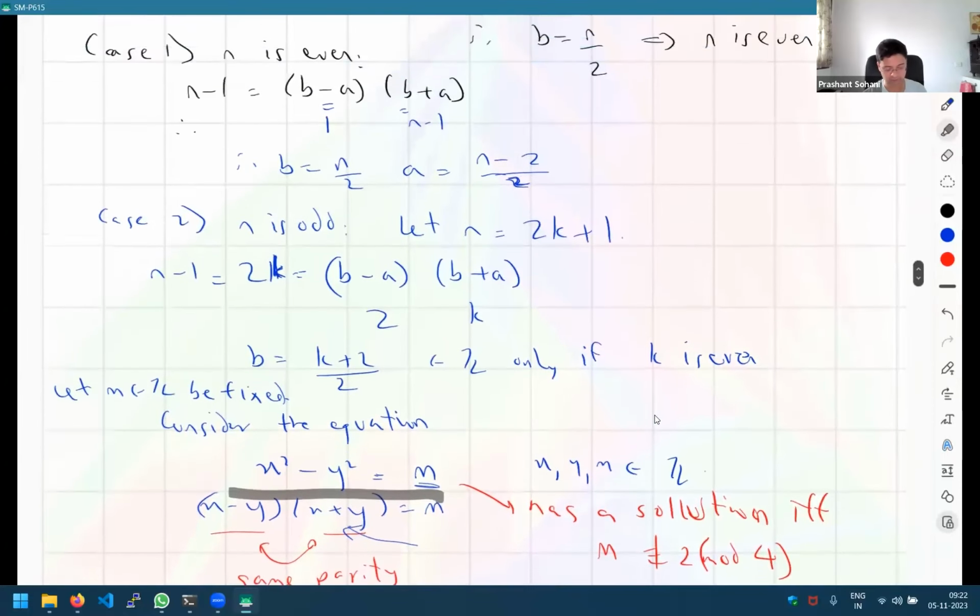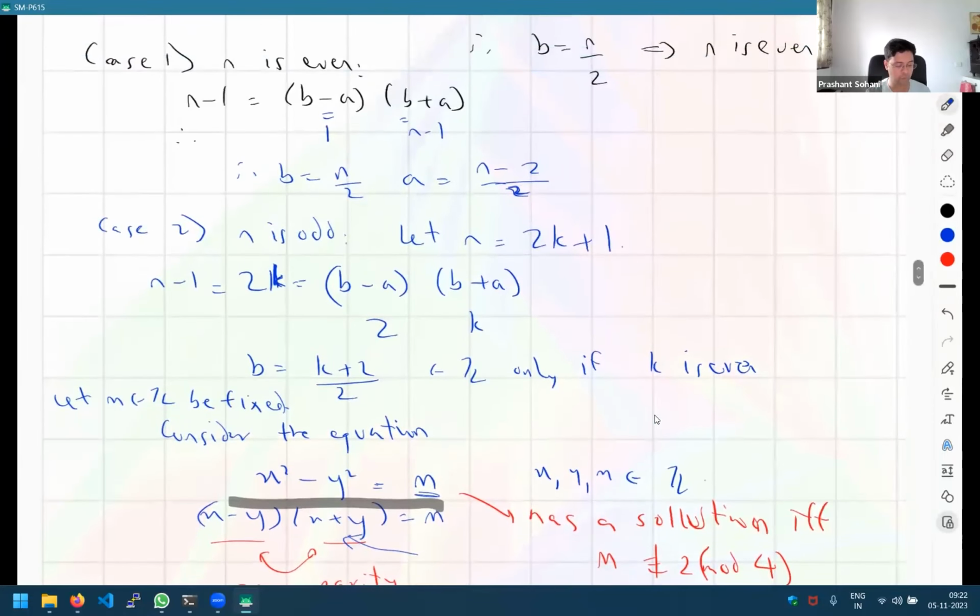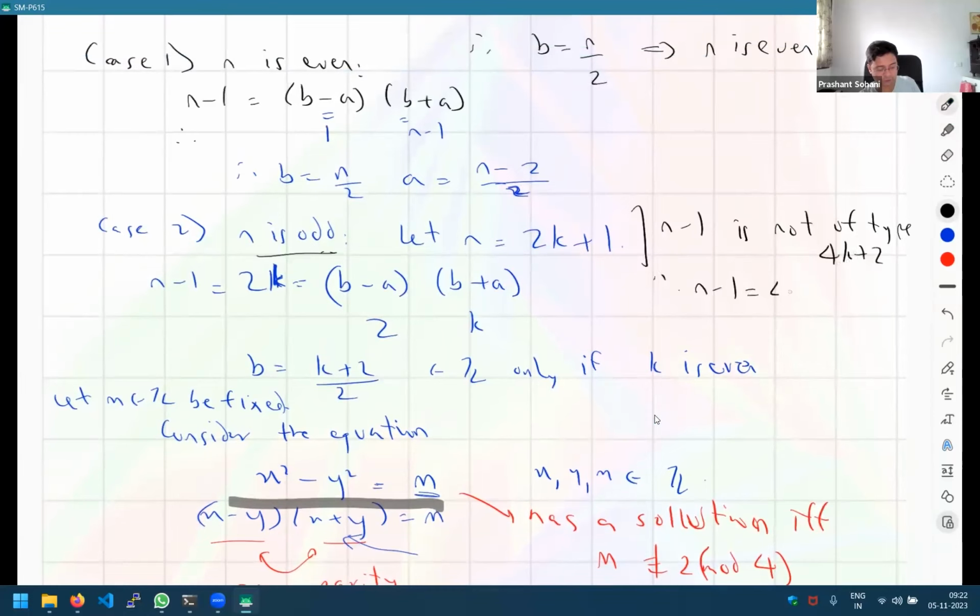Okay. So applying the same thing in this question also, we could directly conclude at this point itself that when we said n is odd, so n minus 1 is even, we can directly say that n minus 1 is not of the type 4k plus 2. Therefore, n minus 1 has to be of the type 4k. So basically, in either situation, we can try to get one equation or get one solution.